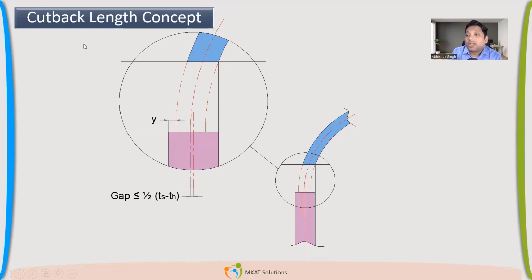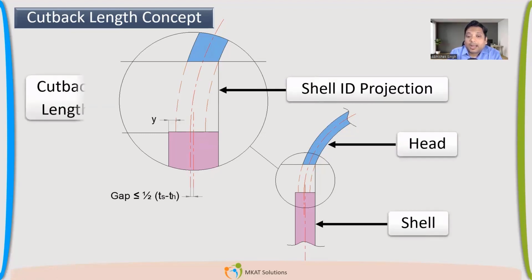That is the reason it's called cut back. I have extended this cylinder portion up to the addition and cut that portion. Making sense? This concept is actually cut back length.